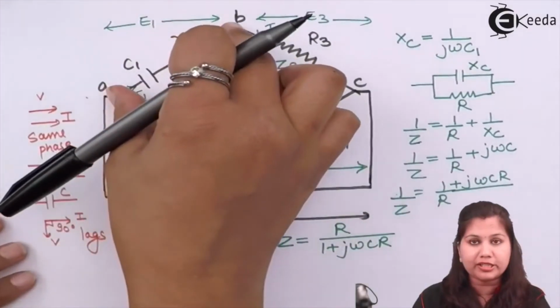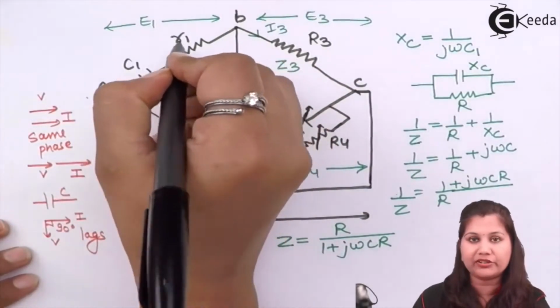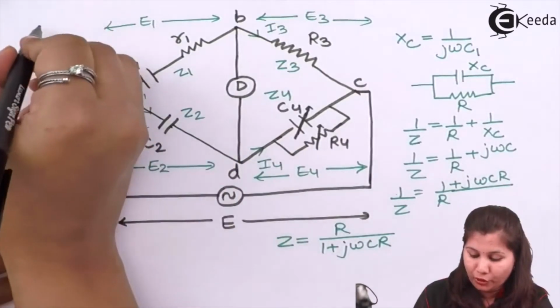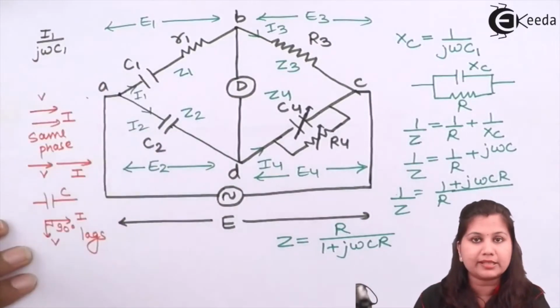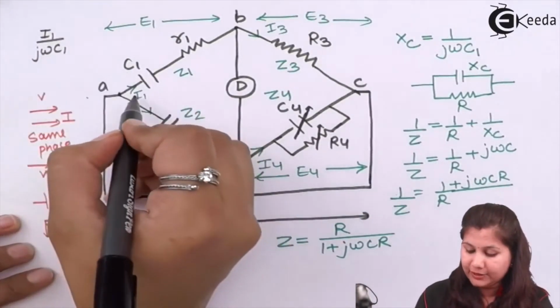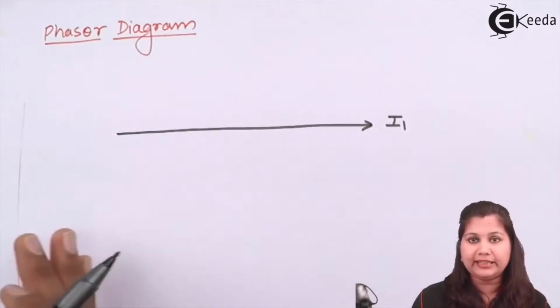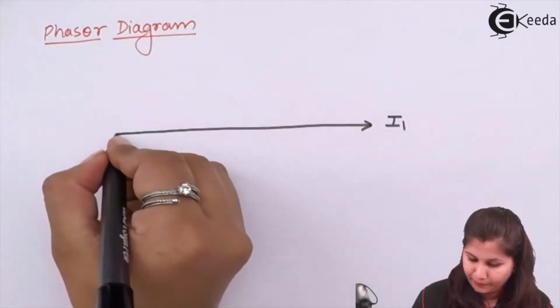Now taking the first arm, we are having a capacitor and also a resistance. So across the capacitor, the voltage drop will be I1 upon j omega C1. Current is I1, which we have already drawn. So 90 degrees lagging behind it will be the voltage across the capacitor.